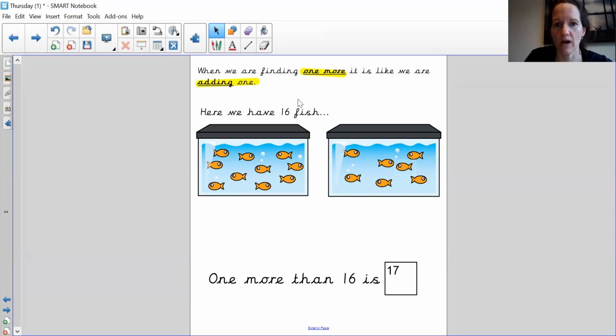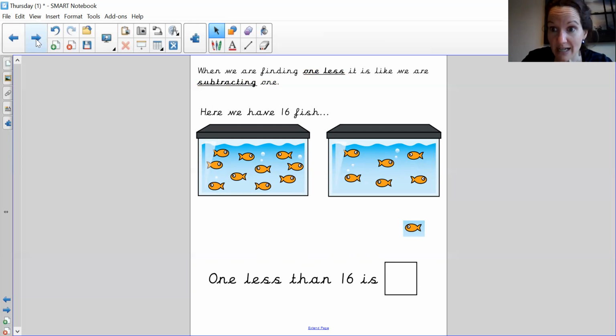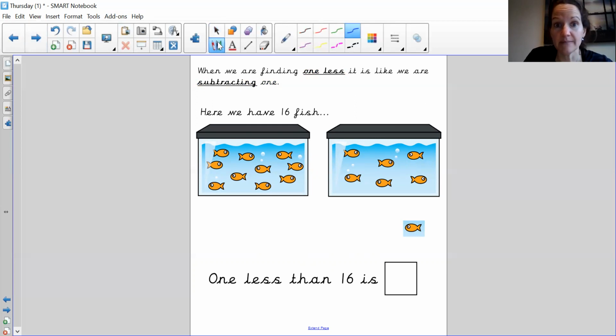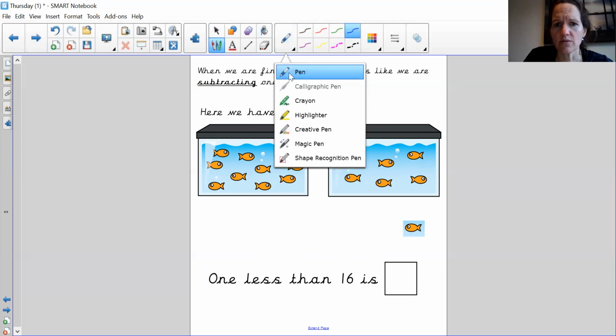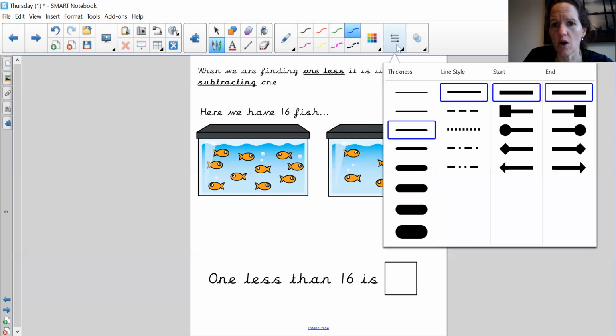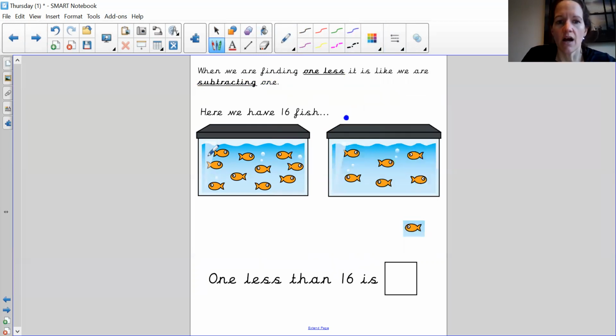So we're adding 1. Now let's try one less. One less is like we're subtracting 1, or taking 1 away. This time we want to take 1 away.